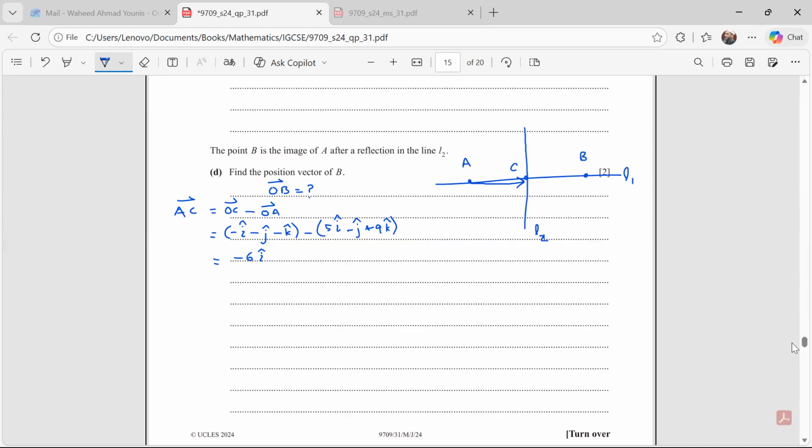Is it correct? I'm trying to find the AC vector. Minus i. It is plus j, sorry, yes, I made a mistake. Plus j. So minus j and minus j, this is minus 2j. Similarly, minus k and minus 9k, so this is minus 10k.